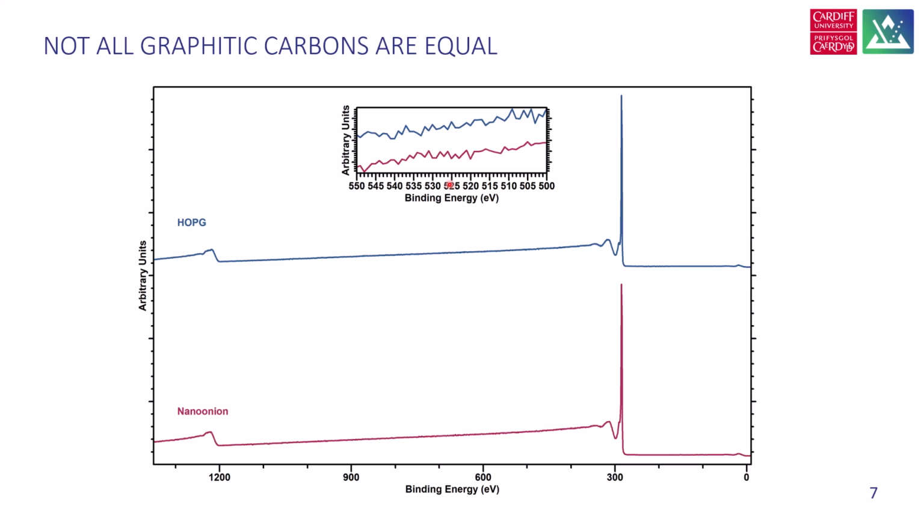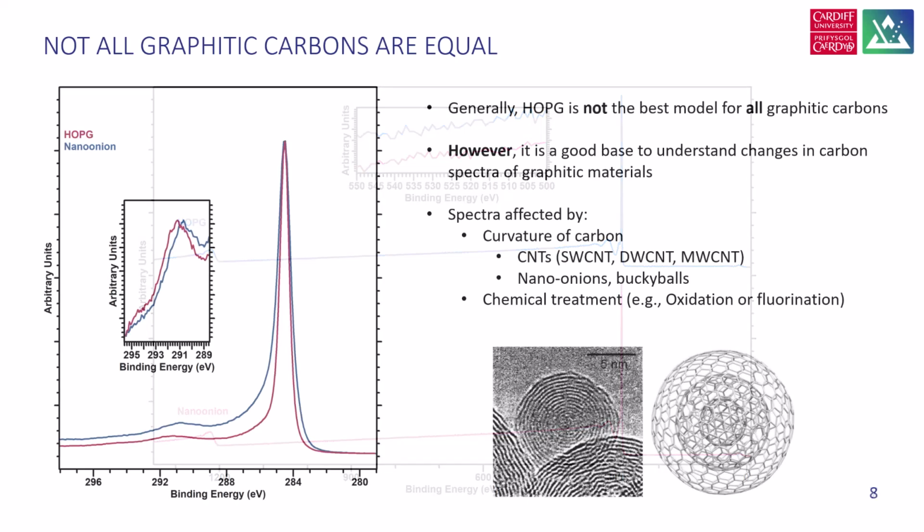So we might think that we can use a spectrum derived for HOPG to look at these so-called nano onions. But let's superimpose the spectra. These were run under identical conditions, same step size, pass energy, etc., on the same instrument, and we can see a difference in the spectra.